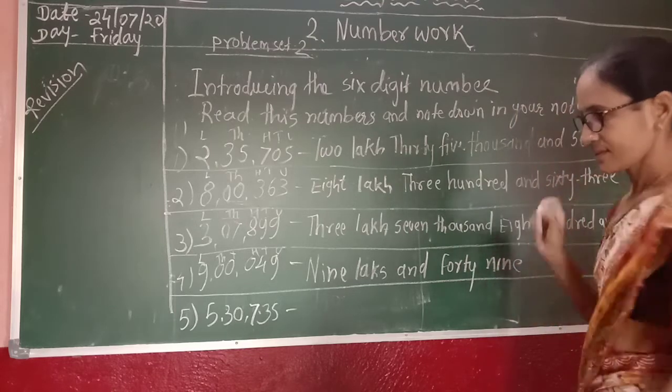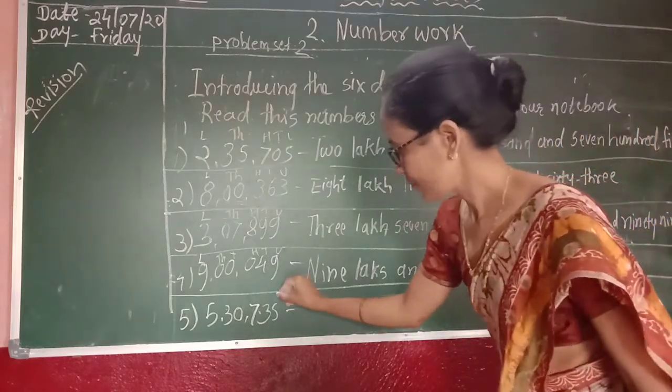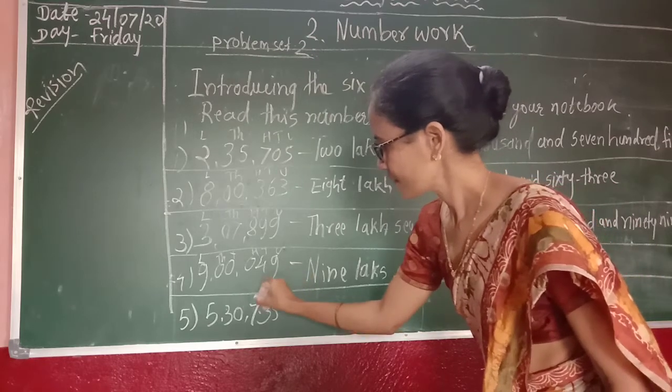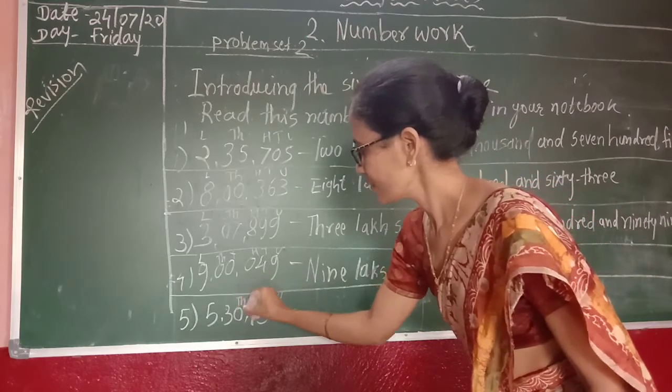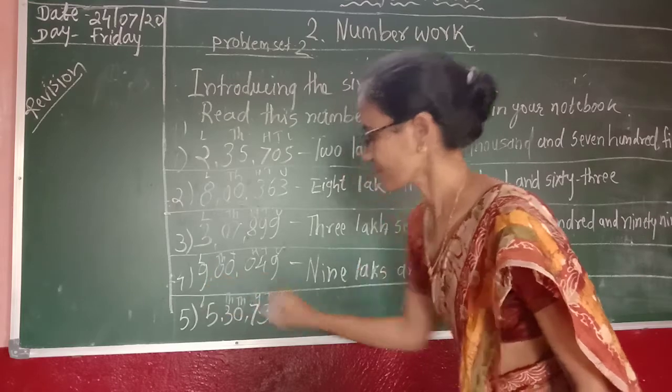Okay, clear? And last one: unit place, 10 place, 100 place, 1000, 10,000 and lakh.